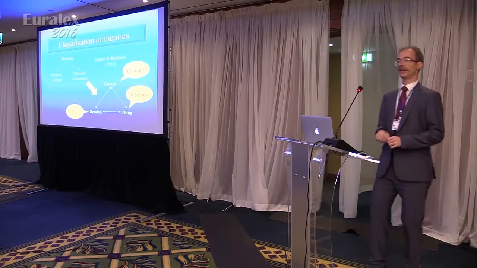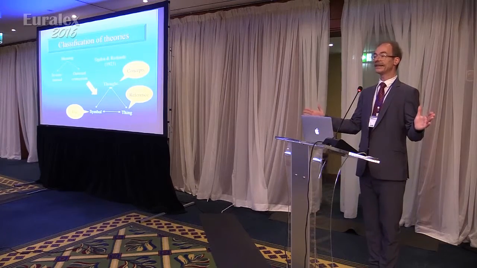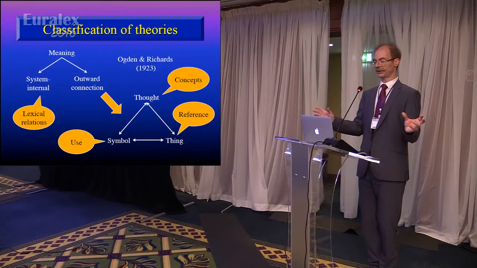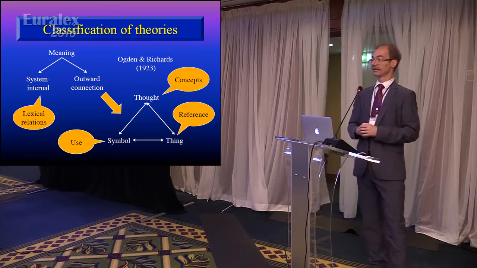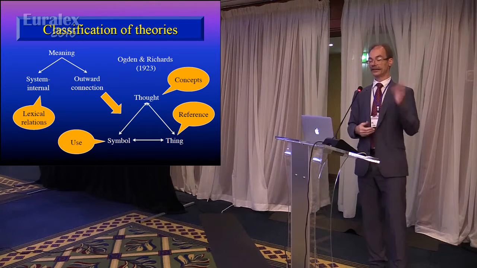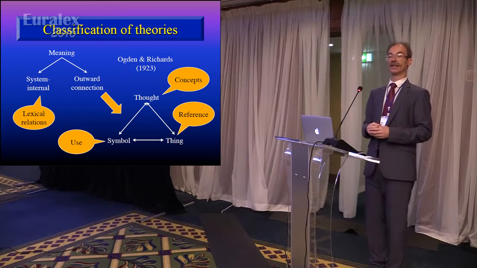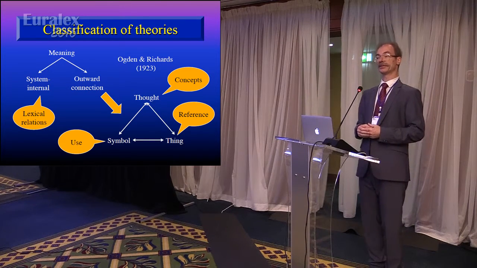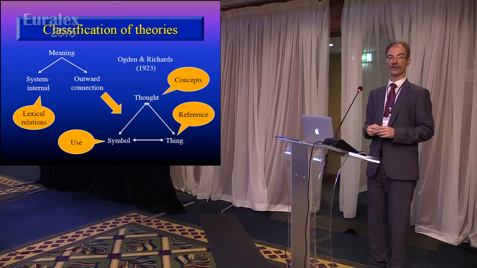So, we have to divide word meaning into two approaches. One is with an outward connection, which then can be of the three types in the semiotic triangle. And the other is to remain system internal and have lexical relations as the only approach to meaning.